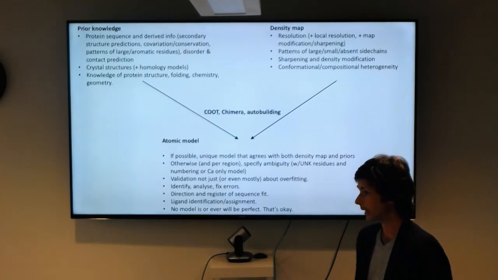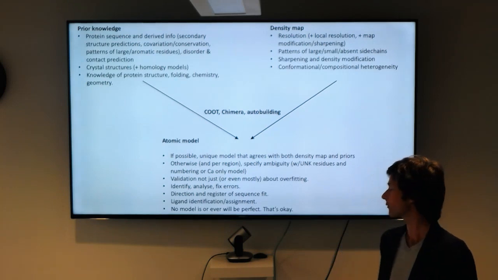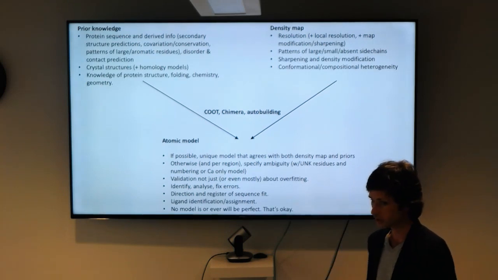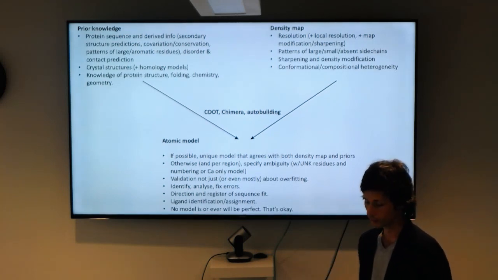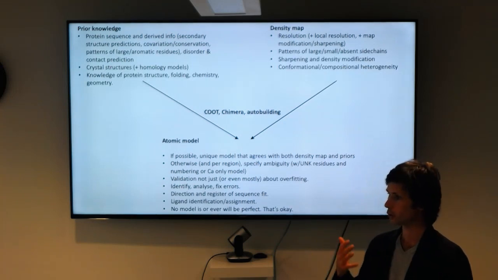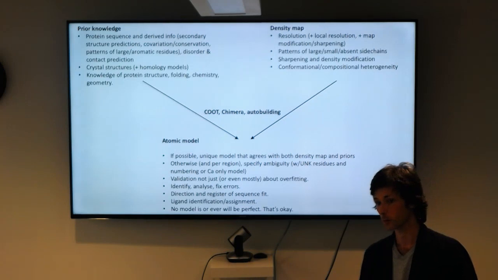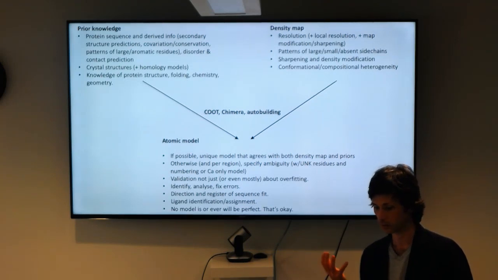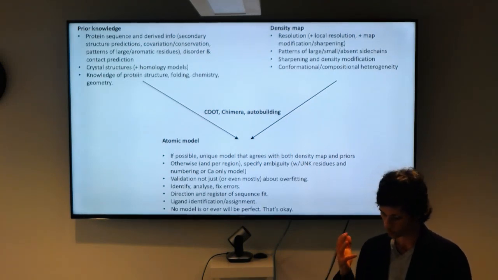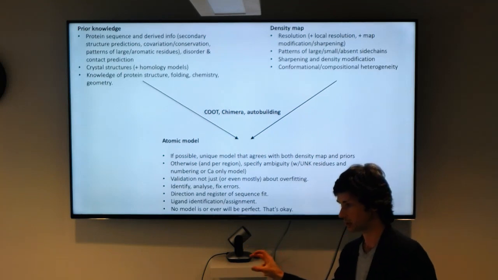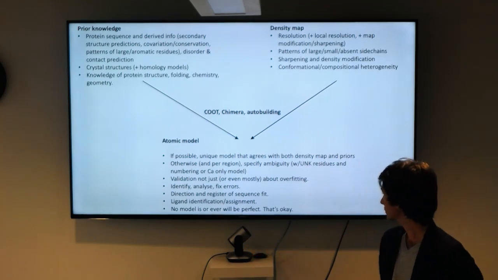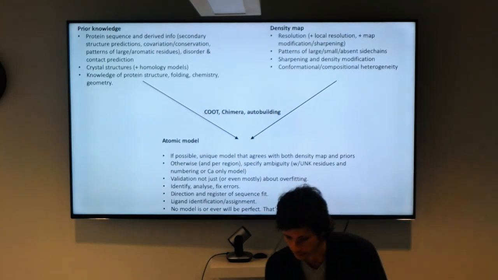You should do that if you're not confident of the sequence register in a particular region of a protein, because a lot of people will only look at your model, so it's more informative for people to know which regions you're not certain of when you're building. And yeah, we'll go through all of this.